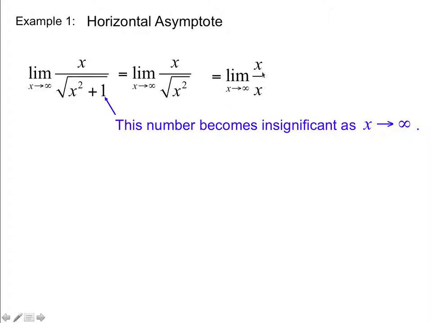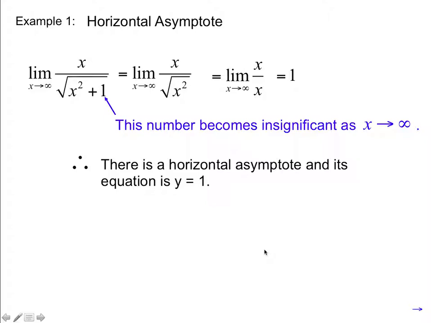And then we're going to keep simplifying if we can. x over x is 1. So the limit then, as x approaches infinity, must be equal to 1, which means if we would graph this relatively complicated looking function, we would have a horizontal asymptote, since we took the limit as x goes to infinity, that's our strategy, with a horizontal asymptote at y equals 1.